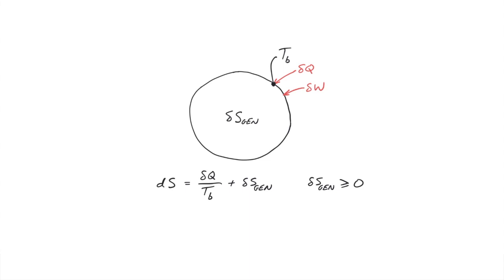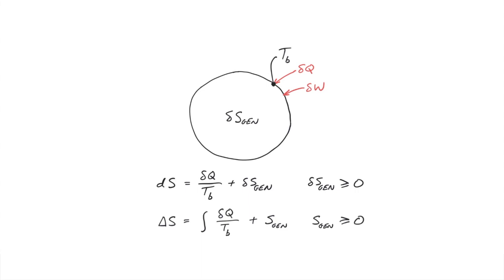If we now consider that the boundary temperature T_B can be a function of time and or position along the outer surface, the total change of entropy of the closed system will become the time and or surface integral of dq over T_B plus the total entropy generated inside the system, S_gen, which must be greater than or equal to 0.